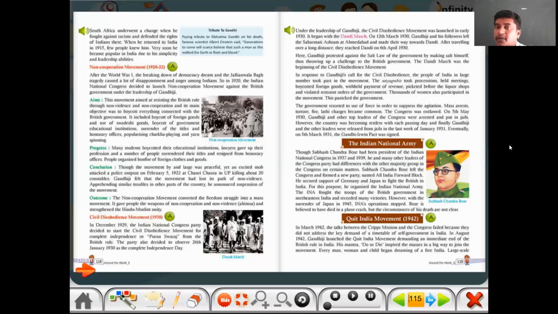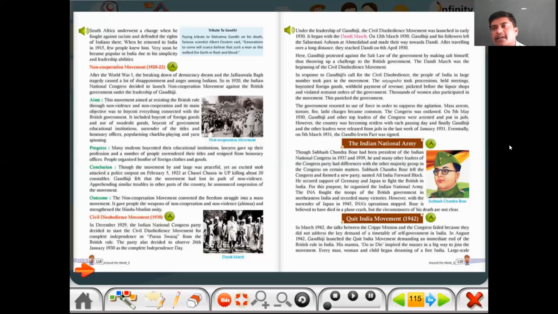The foreign goods were completely boycotted by the Indian people. They withheld payment of revenue, picketed liquor shops, and violated restraint orders of the government. All the people broke these rules. Thousands of women also participated in this movement.